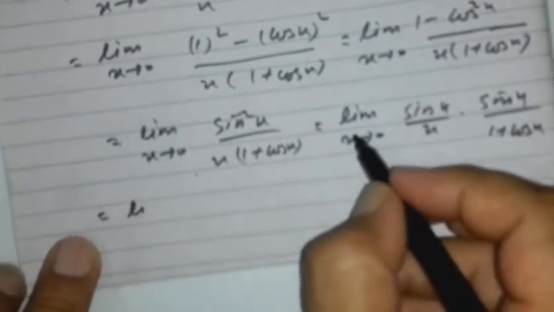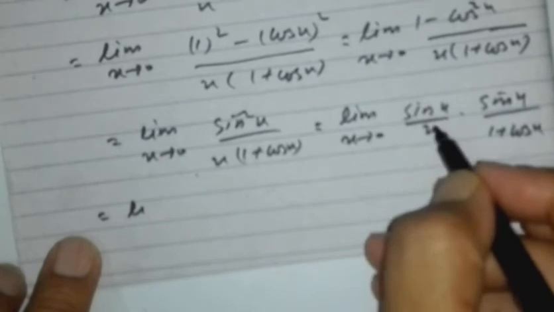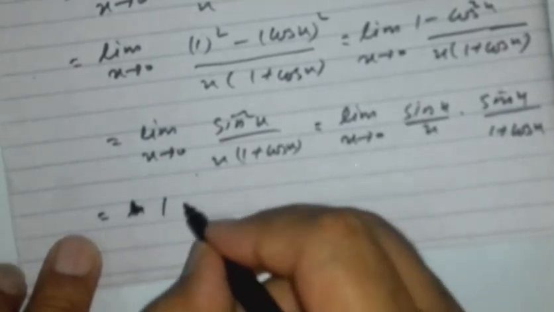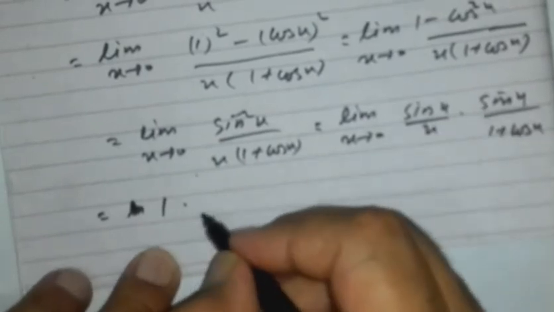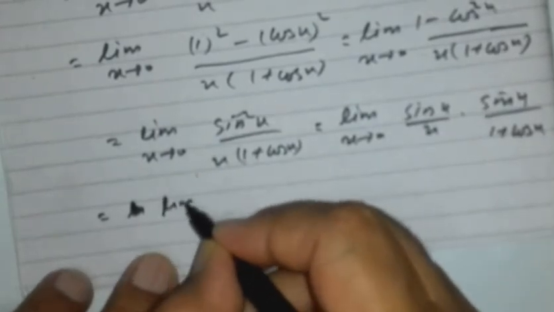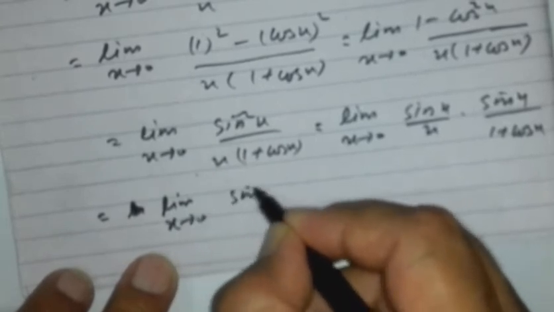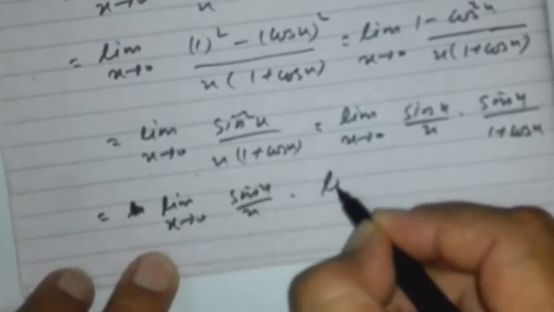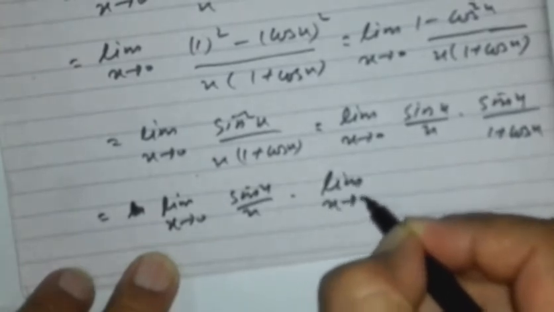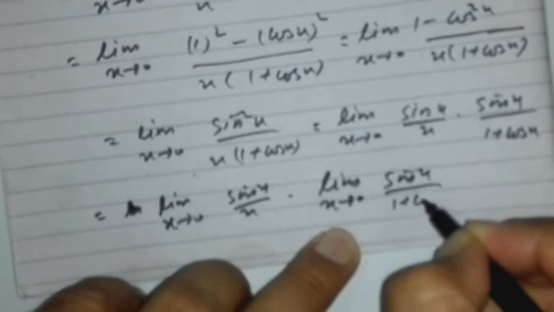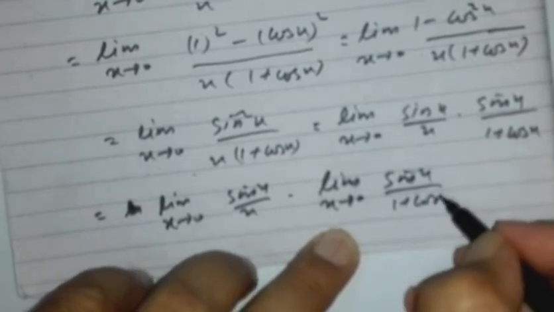We know that limit x tends to 0, sin x by x value is 1, and so take limit x tends to 0, sin x by x into limit x tends to 0, sin x by (1 plus cos x).